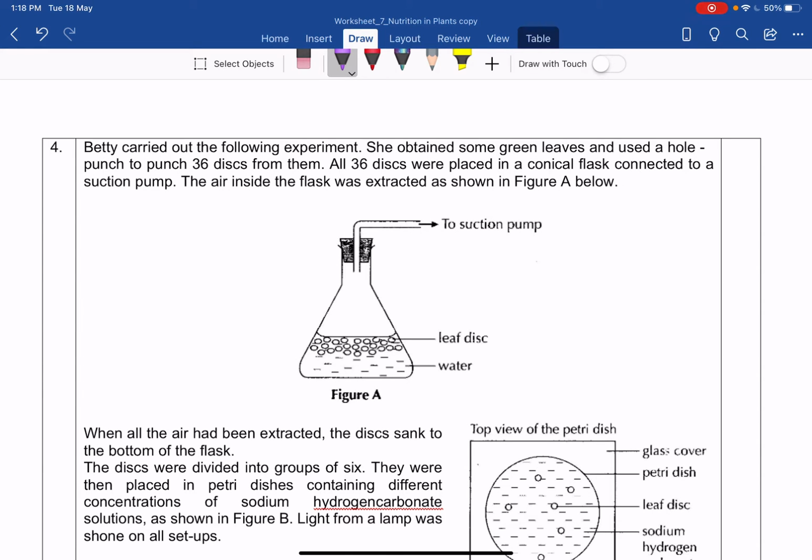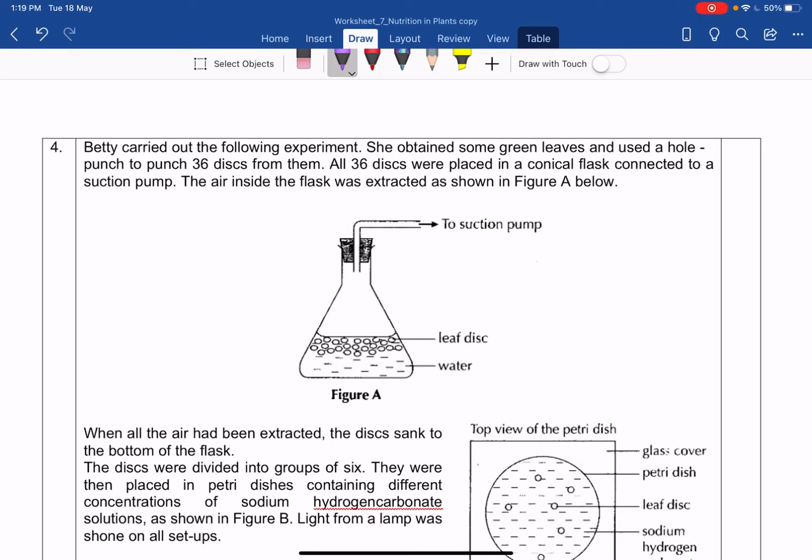This student was carrying out an experiment. What the student did was to punch 36 discs from a leaf and place them in water this way, and it's connected to a suction pump. Now how does the suction pump work?